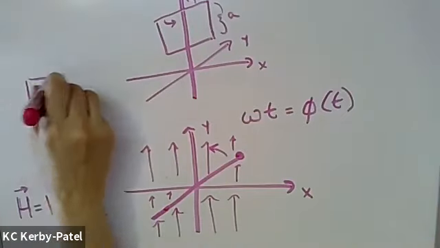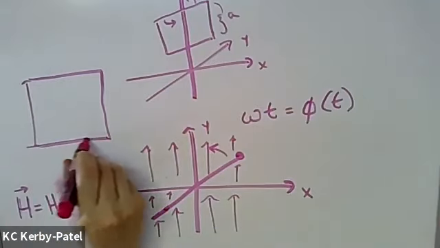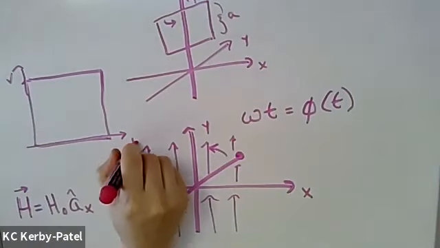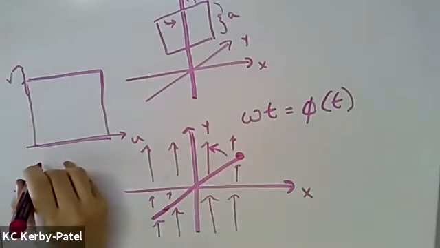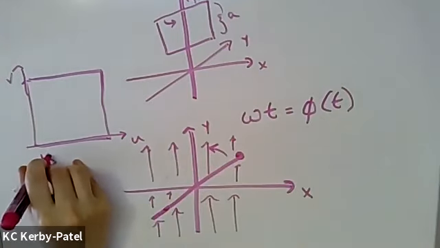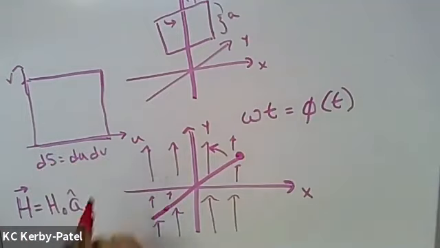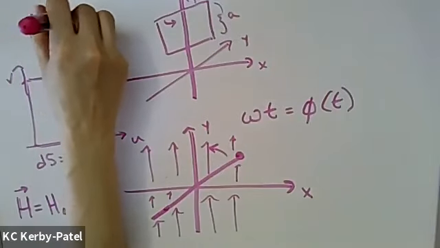So here's my loop, and I'm going to give it a U and V coordinate system. On the loop, the magnitude of ds is du dv. And u and v work exactly like x and y, except for one important difference, and that is that a hat v equals a hat y.